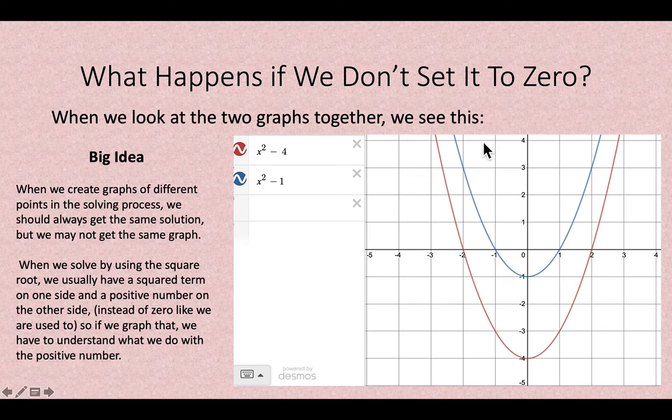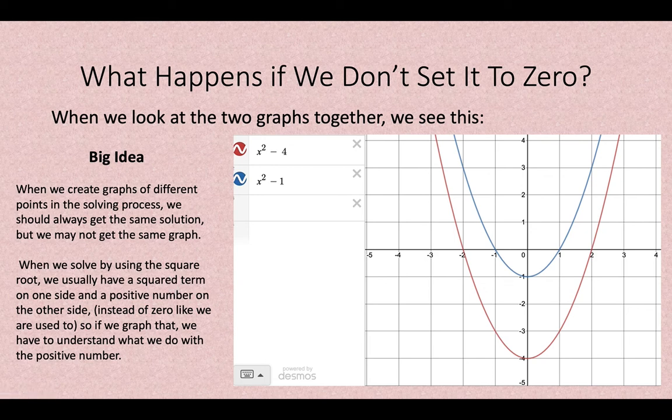And so this scenario is going to come up much more because we're not going to be solving an equation that has a 0 on one side. And so we may have to look for some other place where our solution happens. And so keep that in mind as we go on.